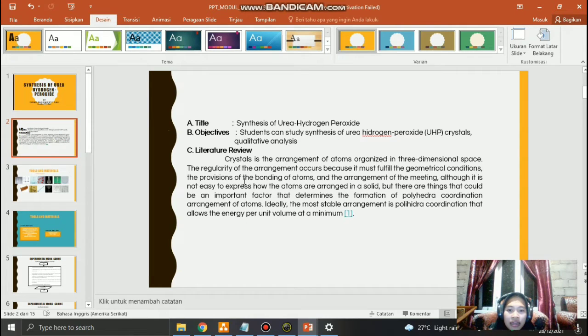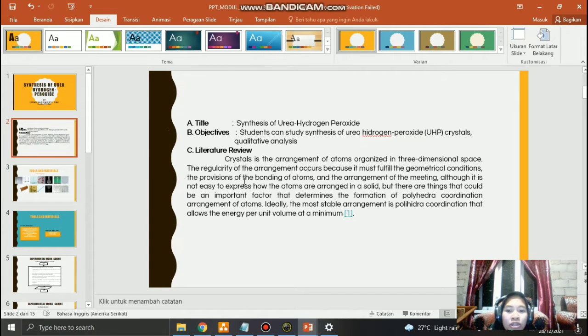A crystal is the arrangement of atoms in three-dimensional space. The regularity of the arrangement occurs because it must fulfill the geometrical conditions, the provisions of the bonding of atoms, and the arrangement of the meeting.